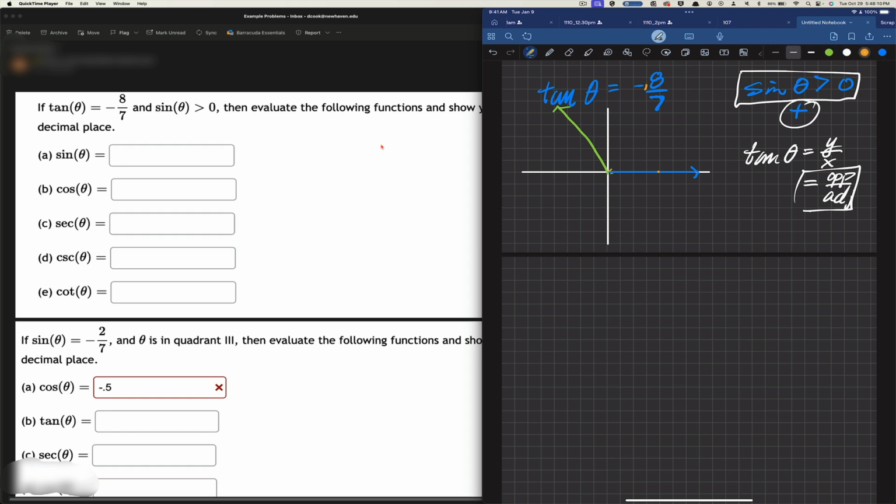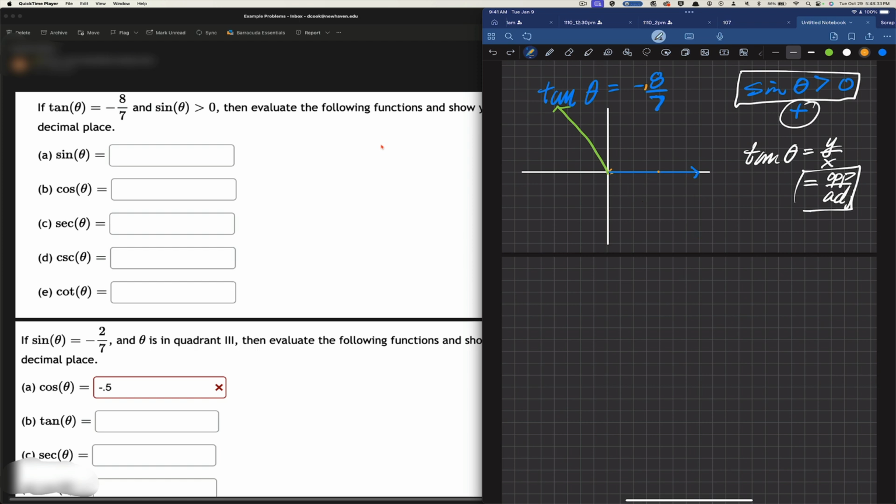Because in the third quadrant, both x and y are negative. In the fourth quadrant, over here, x is positive and y is negative. So we could have negative 8/7. But they told us that sine is positive, so it cannot be down here. Hopefully that's clear or understandable the way I explained it.